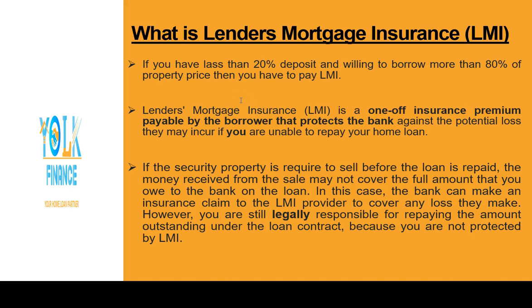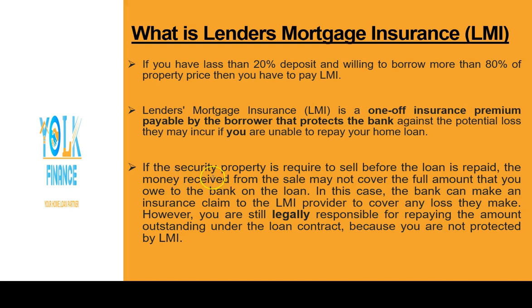Lender's mortgage insurance is a one-off insurance premium payable by the borrower, which is you, to protect the bank against the potential loss they may incur if you are unable to repay the loan. So let's say if the security property is required to be sold before the loan is repaid, the money received from the sale may not cover the full amount that you owe to the bank on the loan.